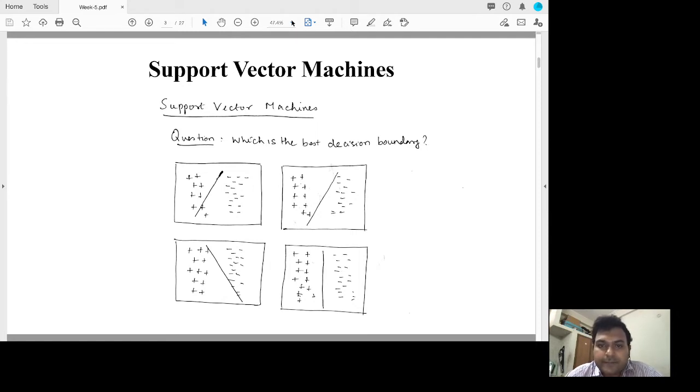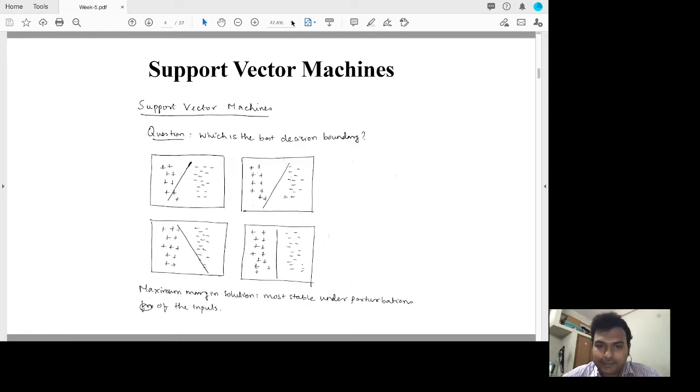So the question is, you have a set of positive classes and a set of negative classes, and I have drawn 4 different decision boundaries. Now can somebody say which one is the best decision boundary among these 4? The fourth one, right? Yeah, can you say why?